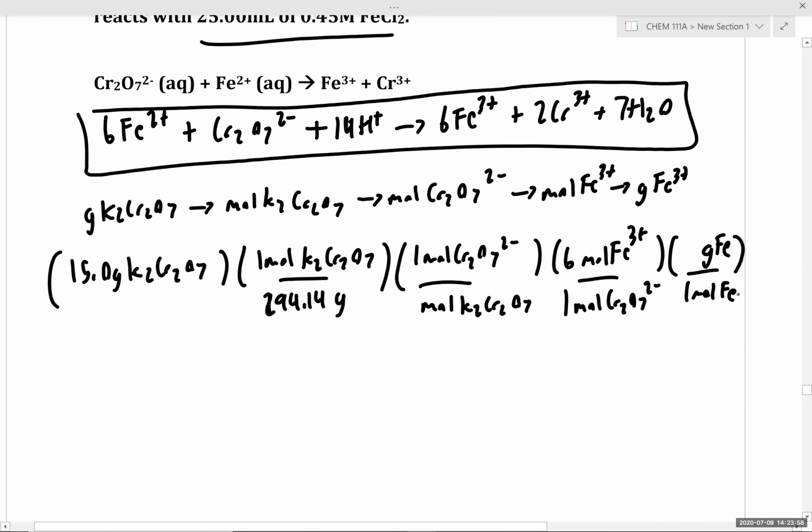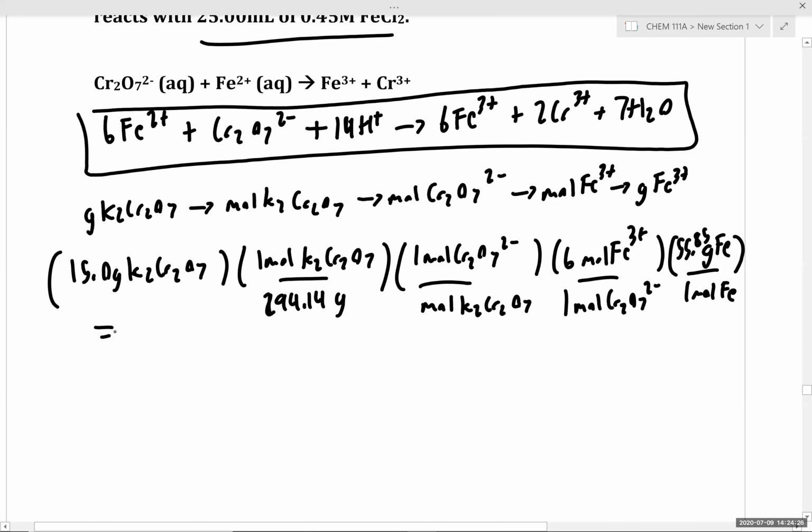What is the molar mass of iron? Would someone like to comment in the chat? What is the molar mass of iron? 55.85. Yep, very good.